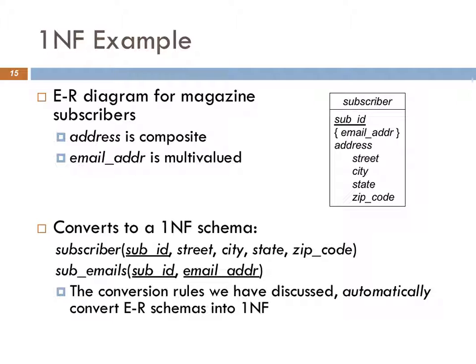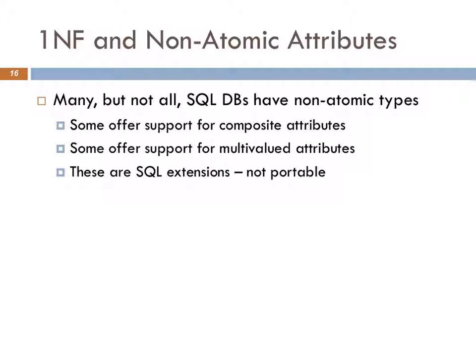Okay, so that's that. Like I was saying, SQL databases definitely support non-atomic attributes, and it can be really useful. If we have time, then I'll show you some examples from real-world databases that actually help out quite a bit.